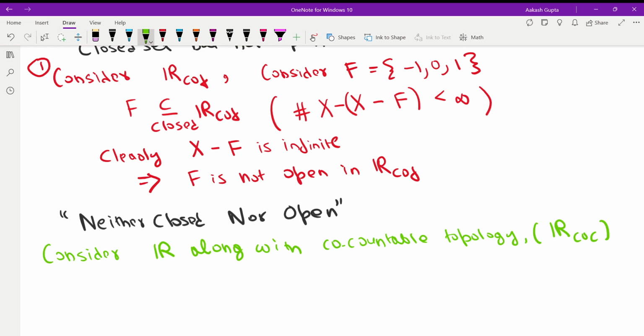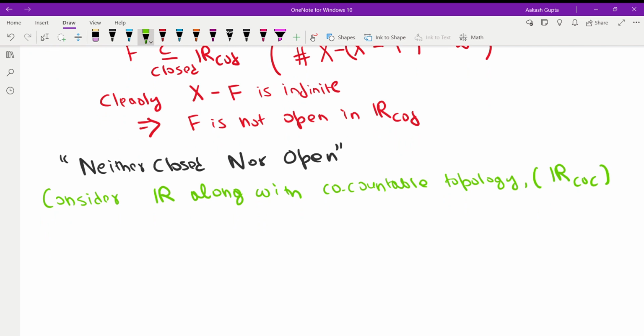So what is this topology? If you want me to recall, this topology comes with the empty set in its definition, and it has all sets whose complement is countable. Okay. So let me give you an example of a set which is neither closed nor open. Let U be the open interval (0, 1). Guys, what is U?